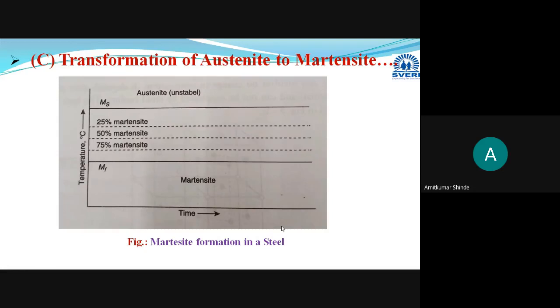It can be transformed to martensite by using different heat treatment processes that we are going to see in detail. This 100% austenite is not transformed to 100% martensite; some austenite will be there at room temperatures also, termed untransformed or retained austenite.